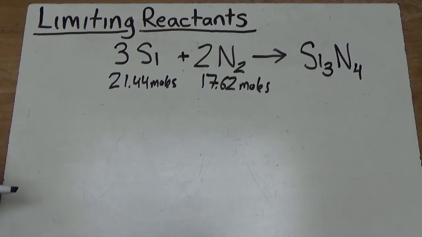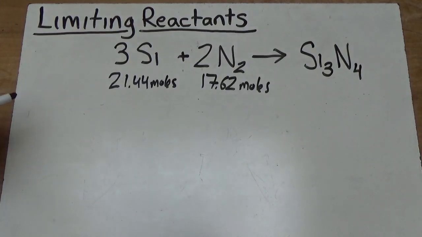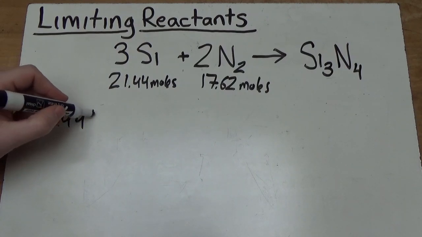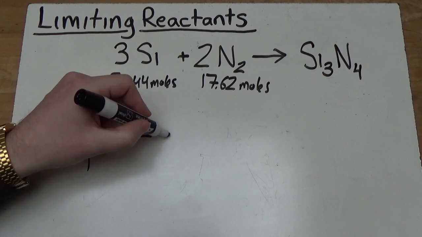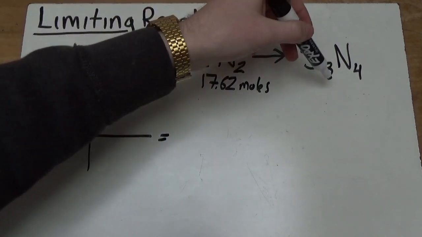In order to figure out which one of these is limiting, we need to figure out which one is going to lead to the fewest moles of Si3N4 produced. So let's start with silicon. I have 21.44 moles. And the ratio is 3 to 1.